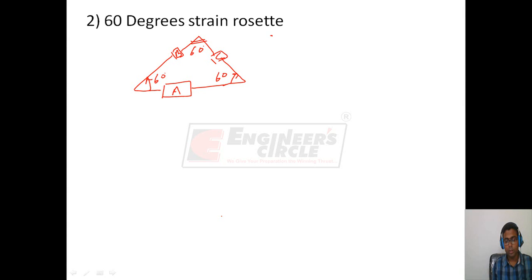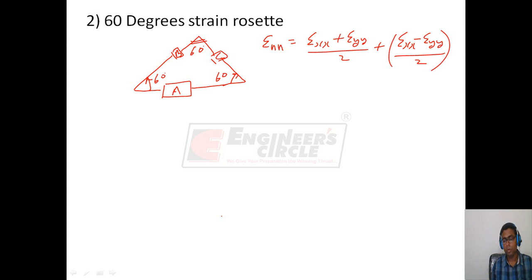So we can use epsilon nn is equal to (epsilon xx plus epsilon yy)/2 plus (epsilon xx minus epsilon yy)/2 into cos 2 theta plus gamma xy/2 into sin 2 theta.